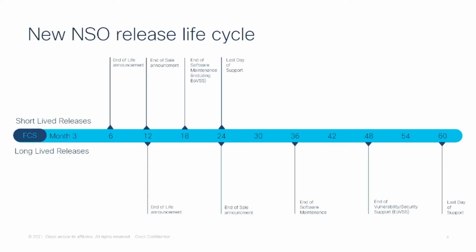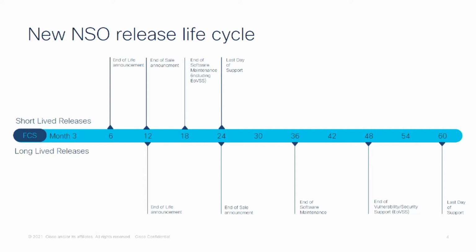And for those of you who would like to capture the latest and greatest of all our new features coming up, there will be a short-lived release with an end of software maintenance of 18 months, which also gives you the opportunity to adopt new features more quickly. This will start with NSO 5.7, scheduled for the November timeframe this year, where we start with the long-lived releases, then the next 2 releases will be short-lived, and then we're back to long-lived releases.